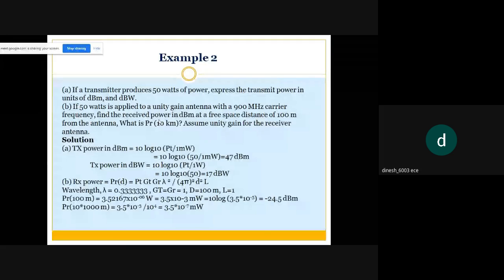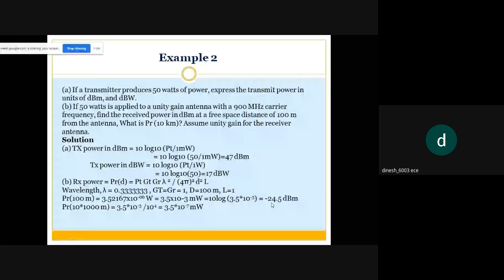So 10 log to the base 10, 3.5 into 10 power minus 3 milliwatts divided by 1 milliwatt. So the 1 milliwatt becomes 1. So remaining is 10 log to the base 10, 3.5 into 10 power minus 3. So using your calculator, for 100 meters you'll be getting minus 24.5 decibel meter.